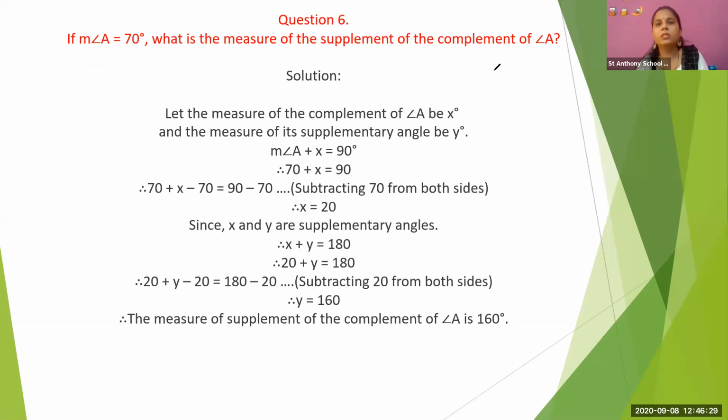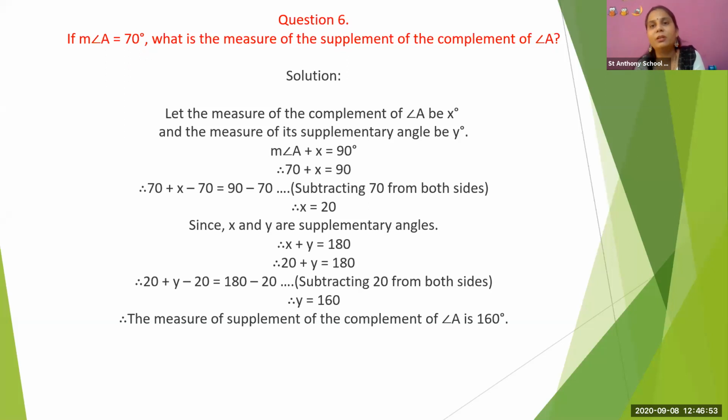Okay, so the question is: if measure of angle A is equal to 70 degrees, what is the measure of the supplement of the complement of angle A?